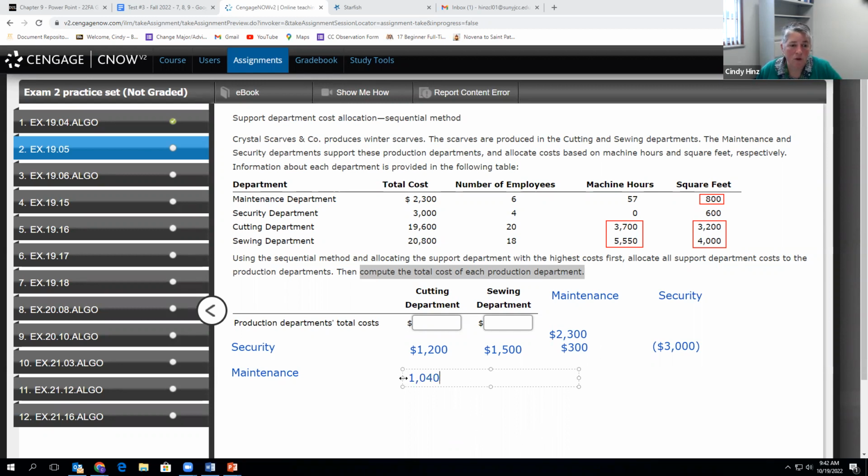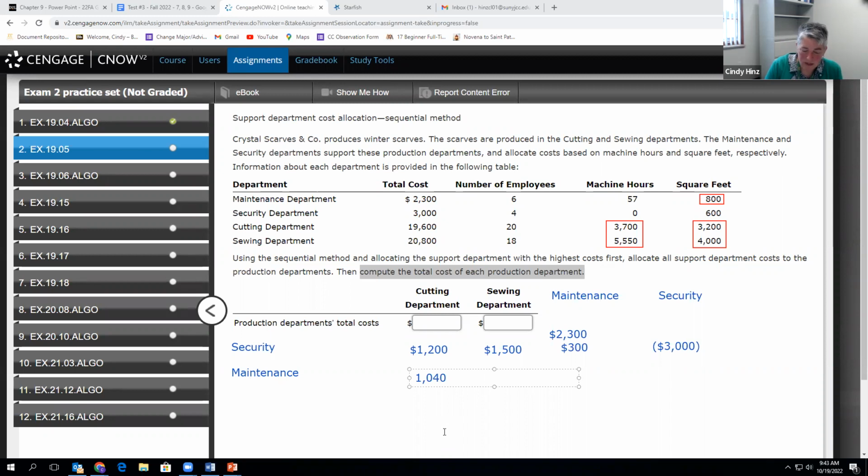Let me say that one more time. The total cost in the maintenance department is now this 2,600: 2,300, which were the direct costs, plus the 300 that were allocated from security. So we need to fully allocate that department. And then for the sewing department, that's 5,550 hours out of the 9,250. It's the other 60%.